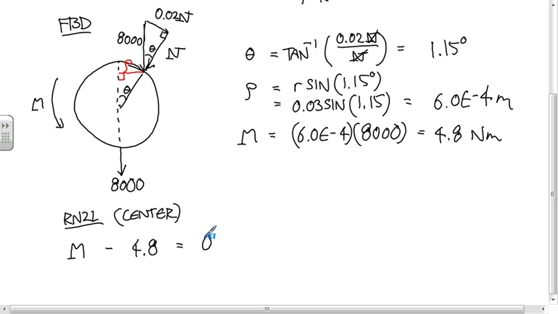It's an equilibrium, so those have to be equal to 0. So our external applied moment has to be equal to 4.8 Newton meters.